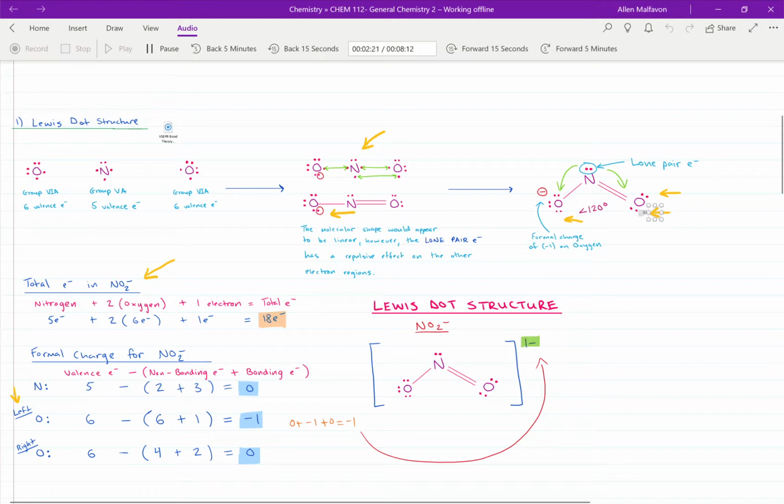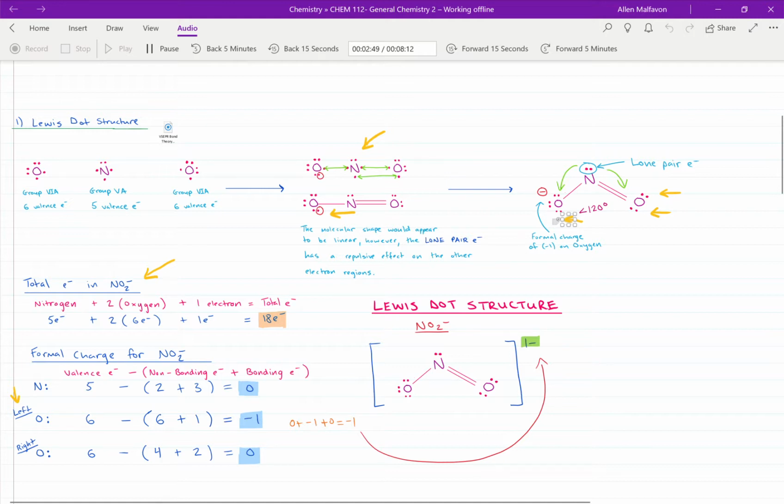And on the left-hand side, we have the oxygen atom with the additional electron, which also has a sigma bond with nitrogen. I should also note that the oxygen atom on the right-hand side also forms a sigma bond in addition to a pi bond with the nitrogen atom.